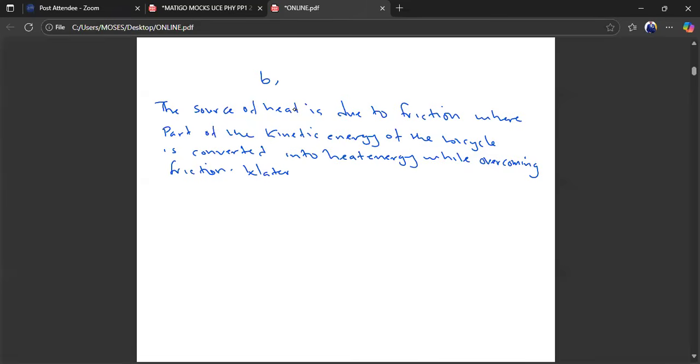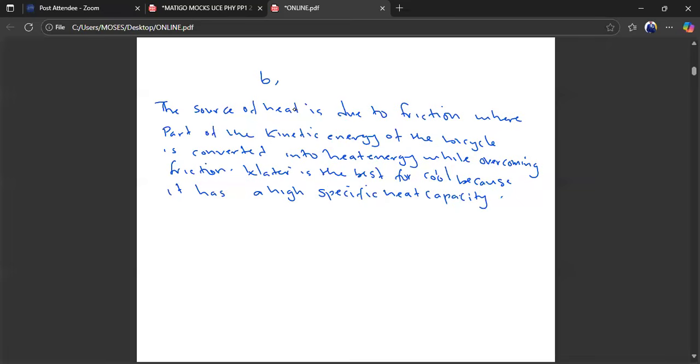Water is the best for cooling because it has a high specific heat capacity. You can even include the value of 4,200 joules per kilogram per Kelvin.